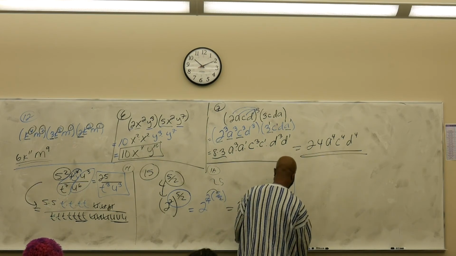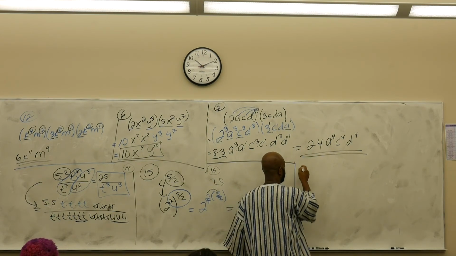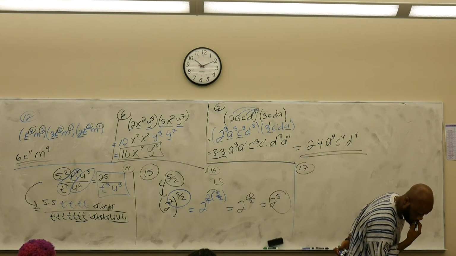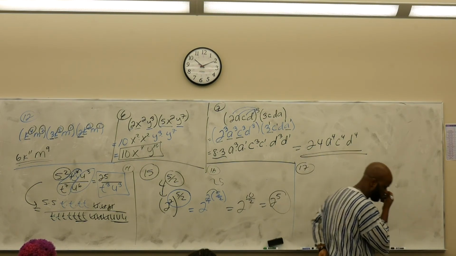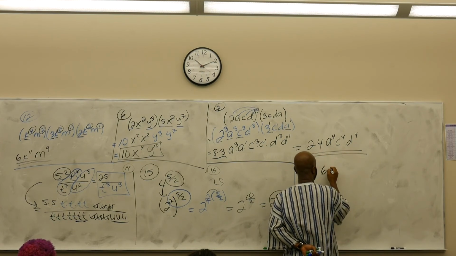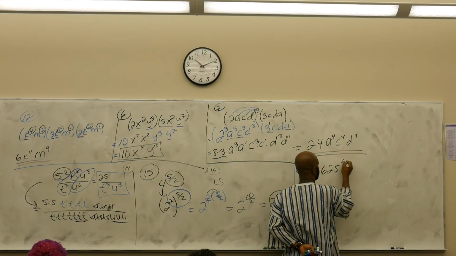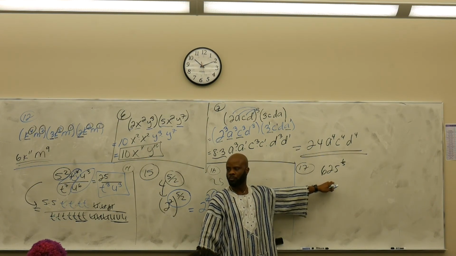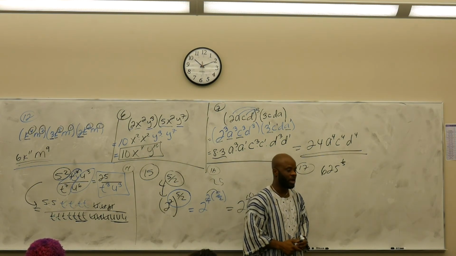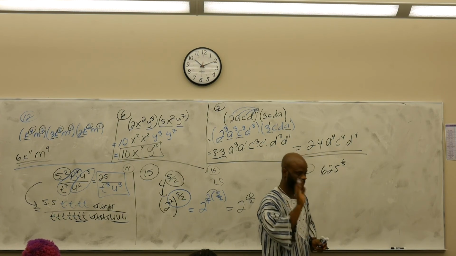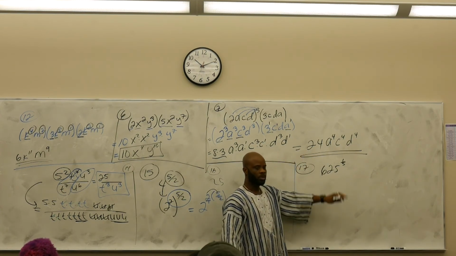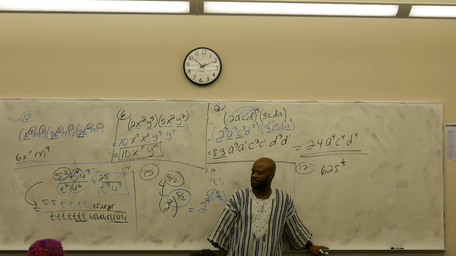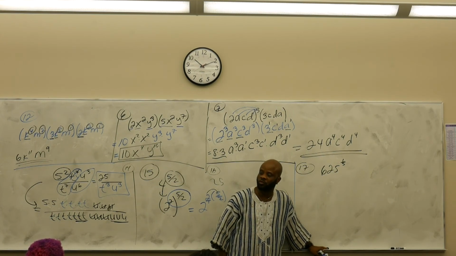We have 625. That's the base of 5. 5 times itself, how many times will give me 625?